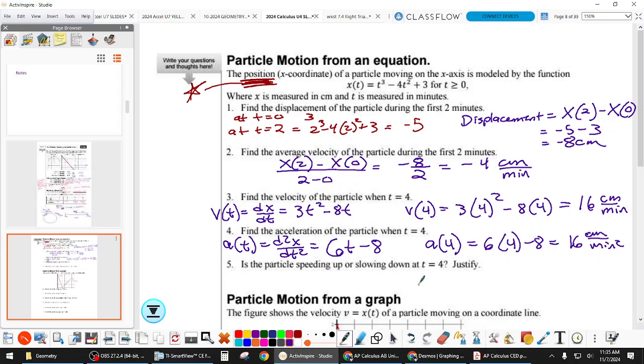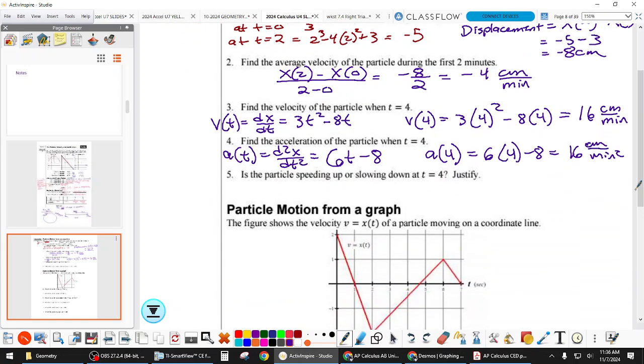The velocity and acceleration. Is the particle speeding up or slowing down at t equals 4? Okay, justify. This time we have to write out some sentence words, right? So explain it out. Which one is it, first of all? Speeding up. Okay. So time. Let's say time.